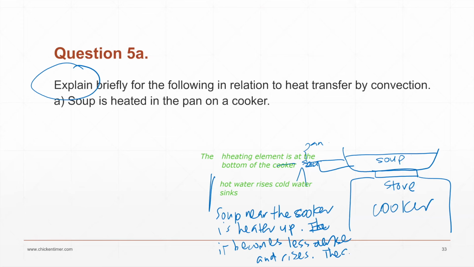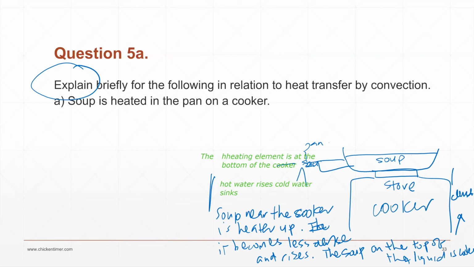The soup on the top, or the soup further away from the bottom of the pan, is cooler, so it's denser.